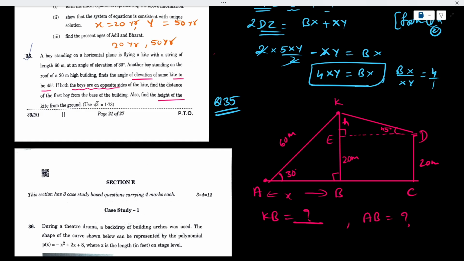Because 60 meter is known, to find out the height of the kite, you can take triangle ABK and take opposite by hypotenuse. So I can take here sine 30, which is going to be BK by 60. Sine 30 is half. So BK, which is the height, is going to be 30 meter. The kite is flying at a height of 30 meter.